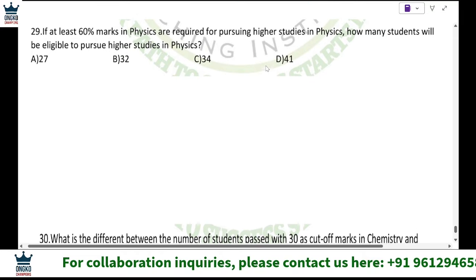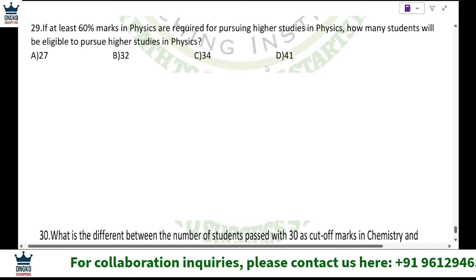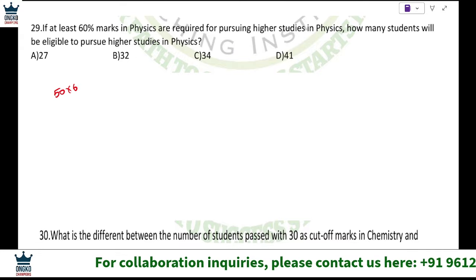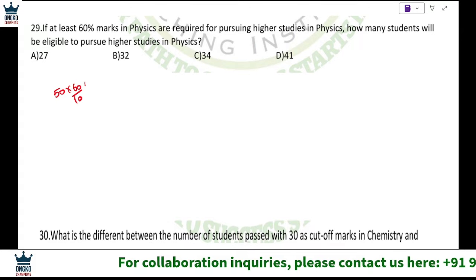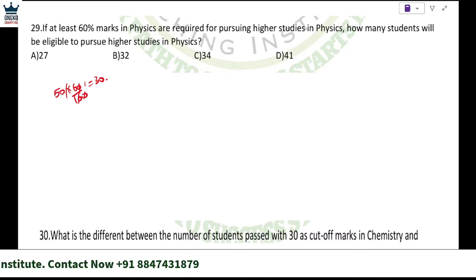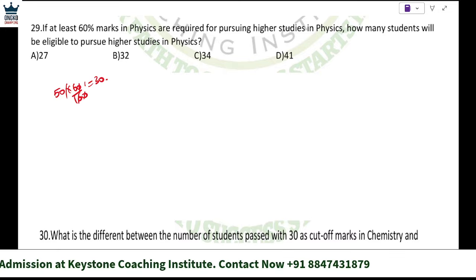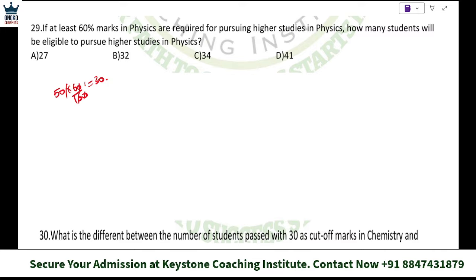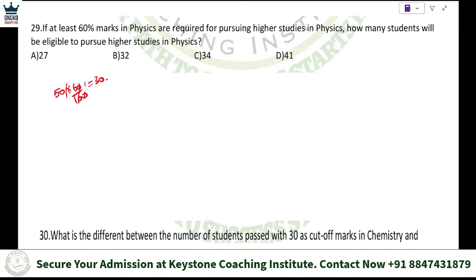If at least 60 marks in physics are required, out of 50, 60% will be 30, so we get 30 for pursuing higher studies in physics. So 30 marks are needed to pursue higher studies.